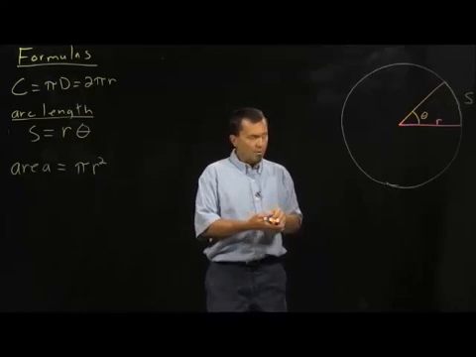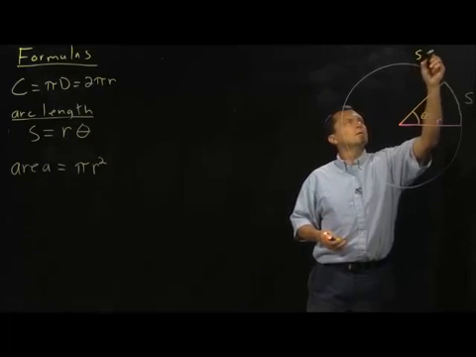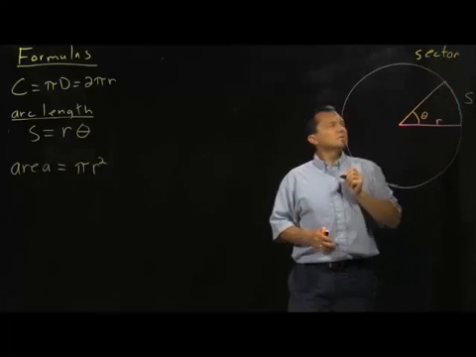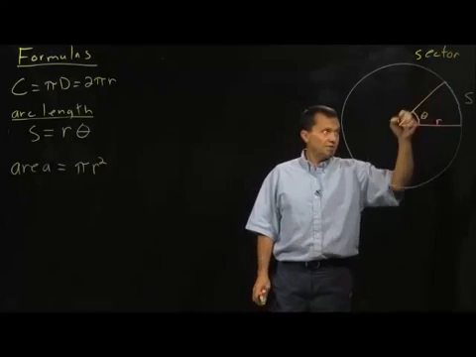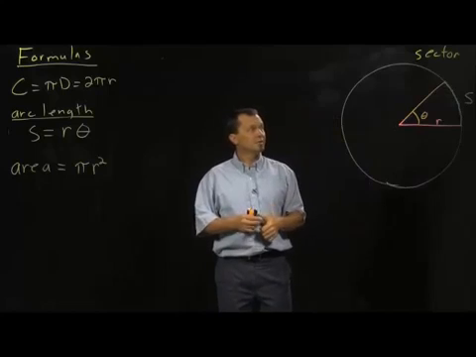And what we want to do is look at the area of what's called a sector. Now, a sector is just a fancy name for a piece of pie. We want to find the area of that piece of pie.